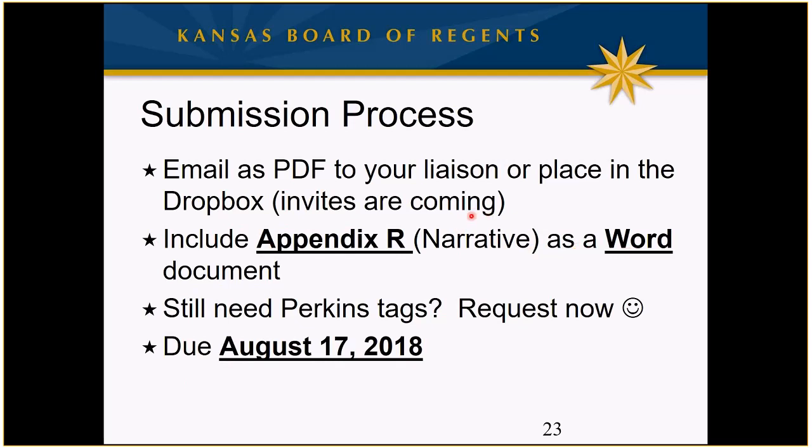We pulled that to create that CAR document. If you need Perkins tags for any equipment or software that costs more than $5,000, you need to request that now or have already requested it, and maybe even place those little stickers on your equipment. If that's not been done, please contact your liaison. We'll get that squared away and get that to you.